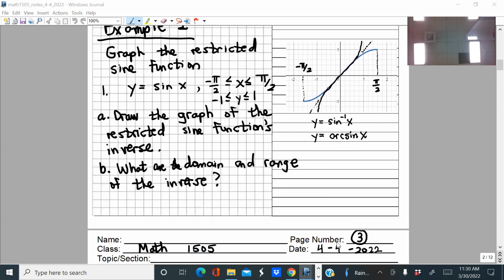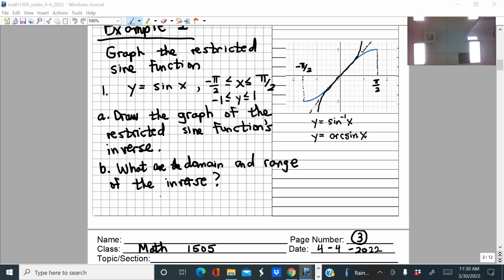And here's why this distinction is really important. So there's the restricted sine function, there's its domain and range, and there's the graph of the arc sine function, or the sine inverse function. What is the domain and range going to be for the inverse function? Remember, when you create an inverse, what are you flipping? You're flipping the x and y's. So the domain and range are going to get flipped for the inverse.